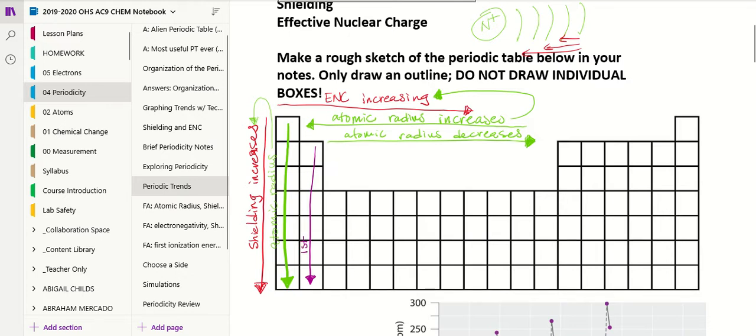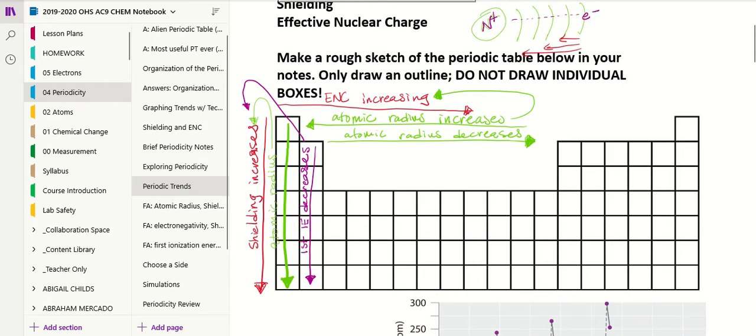So first ionization energy should decrease because why? Yeah, it doesn't have as good of a hold on it because of the shielding increasing. So the more layers of electrons I have, the less grasp that nucleus has on that valence electron.